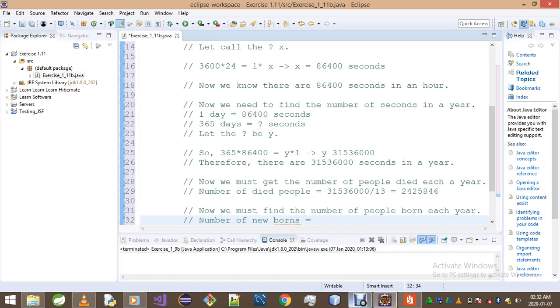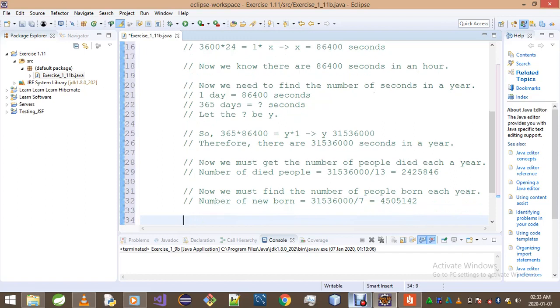It has got to be this number divided by 7, because every 7 seconds a person is born. That's gonna give us 4,505,142 people.